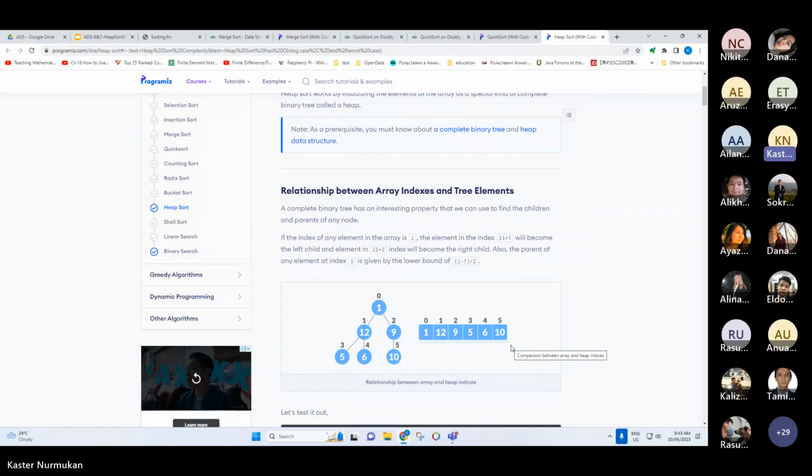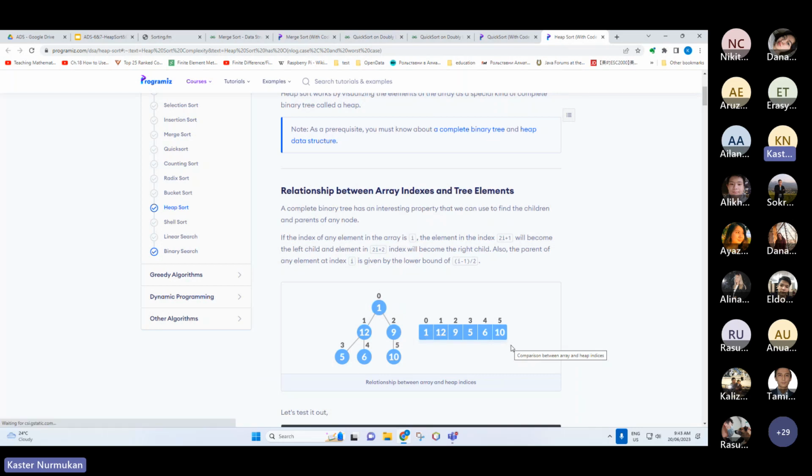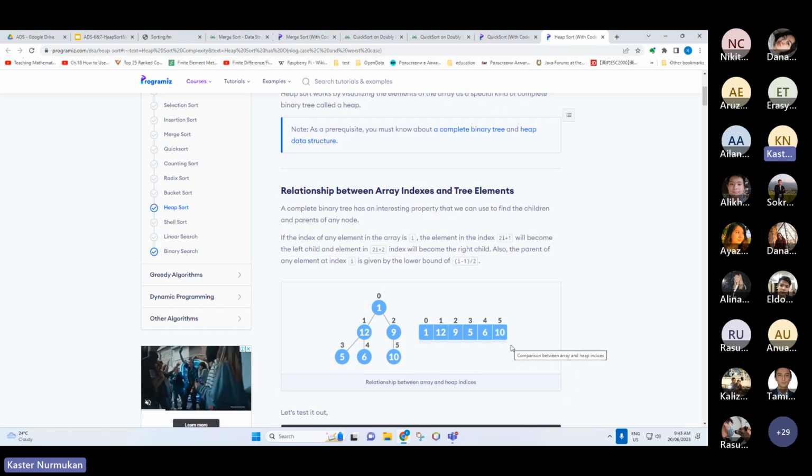array, right? In memory management, there are only two data structures: one is the linked list, one is the array. Those are the better data structures to store elements.